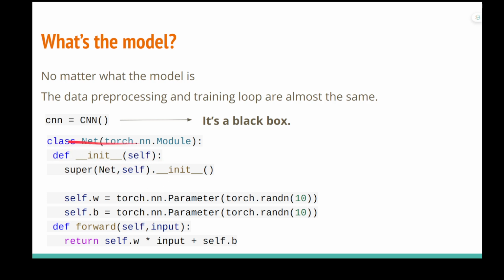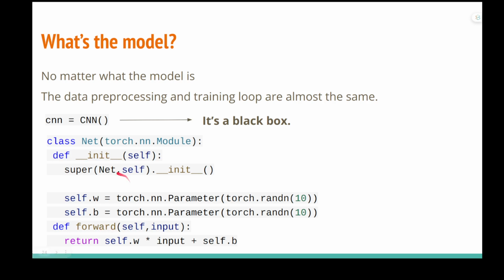We have the Net class, which is derived from the torch.nn Module, the base class for the model. In the Net class, typically we only need to implement two functions. First is the constructor, the init function here, and the second one is the forward function.